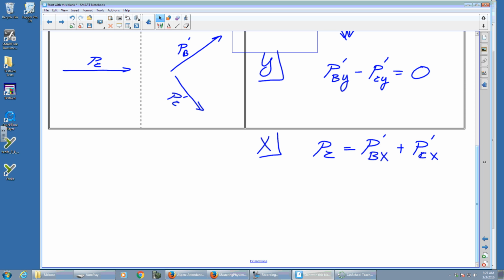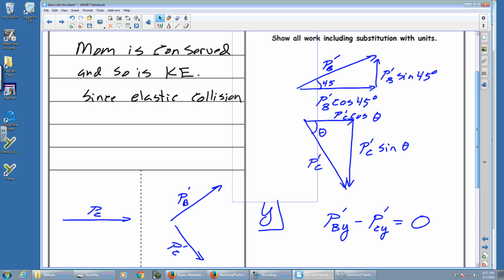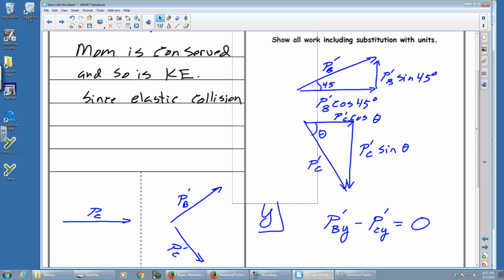And this you'll end up with not knowing two things, and mathematically bring those together. So here you'll not know theta. If I look at my parts here, in the y direction I have PB sine theta.